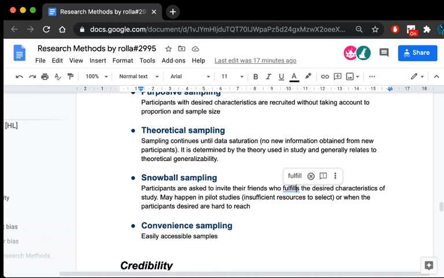And then next we have snowball sampling, where participants are asked to invite their friends who fulfill the desired characteristics of the study. So usually this happens in studies where there are not enough resources to pick participants, or where it's hard to reach out to the participants because of their certain characteristics.